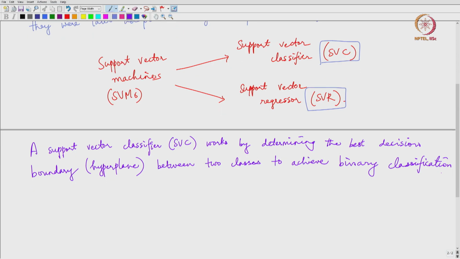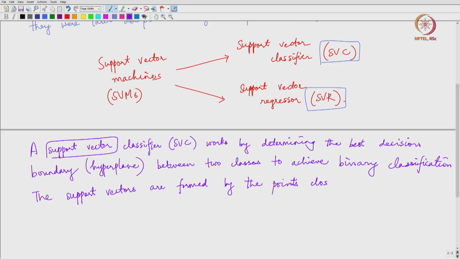And what are the support vectors? Why is it called a support vector classifier? The support vectors are formed by the points closest to the separating hyperplane.